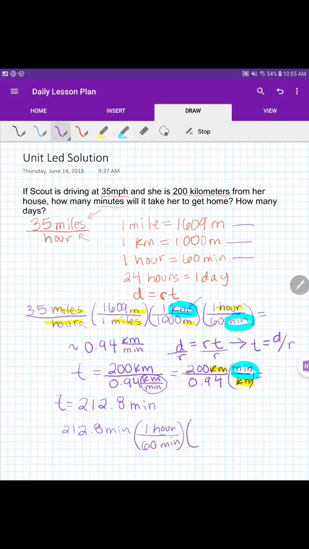Again, minutes is in the denominator because originally it's in the numerator and we want them to cancel. And then down here, I've got 24 hours because I want hours to cancel, and that's equivalent to 1 day. So once you plug all of this stuff in and calculate, you'll end up with somewhere around 1.48 days.